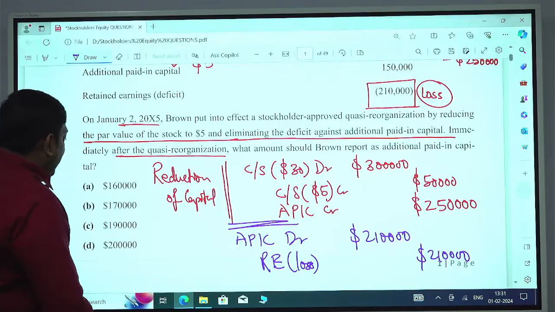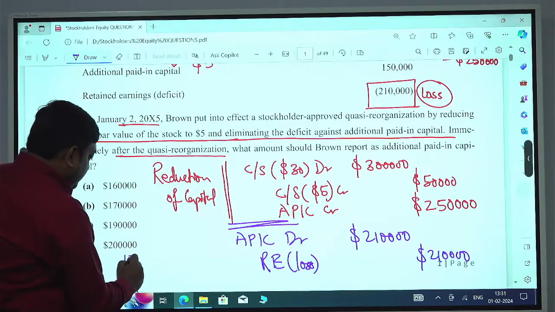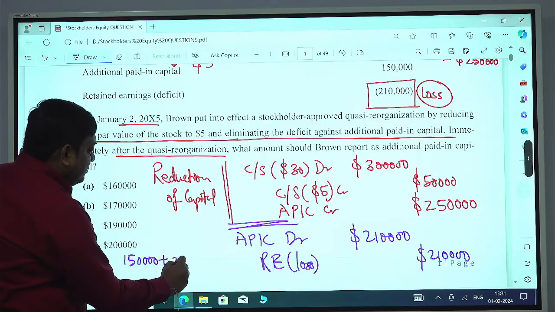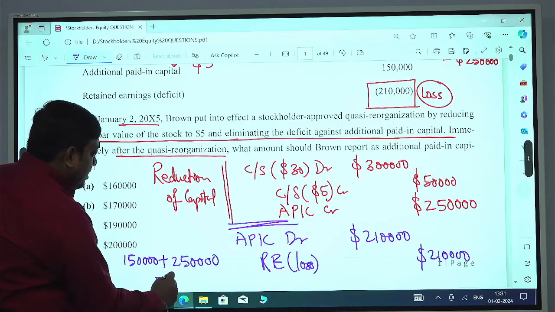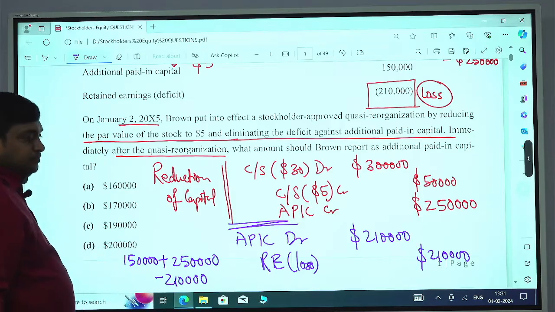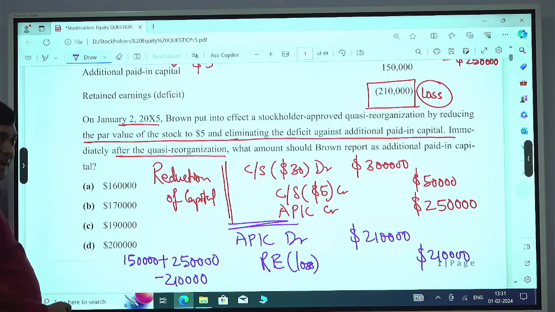Now, how much was there in additional paid in capital opening balance? 150. How much did you transfer? 250. How much did you use to mitigate loss? It's not about mitigating, it's about eliminating loss. 210.